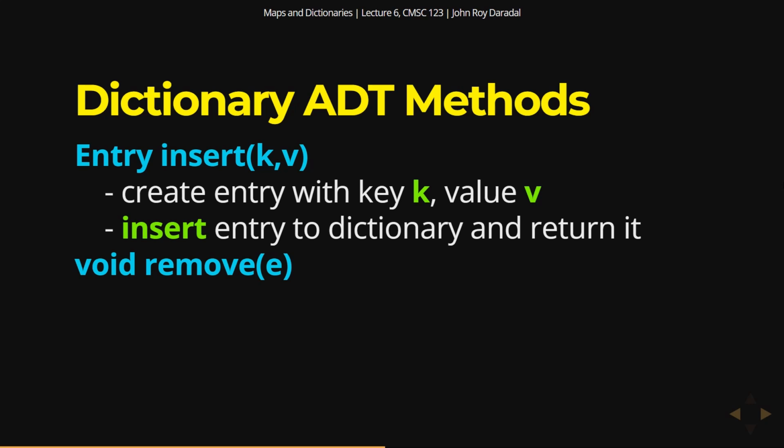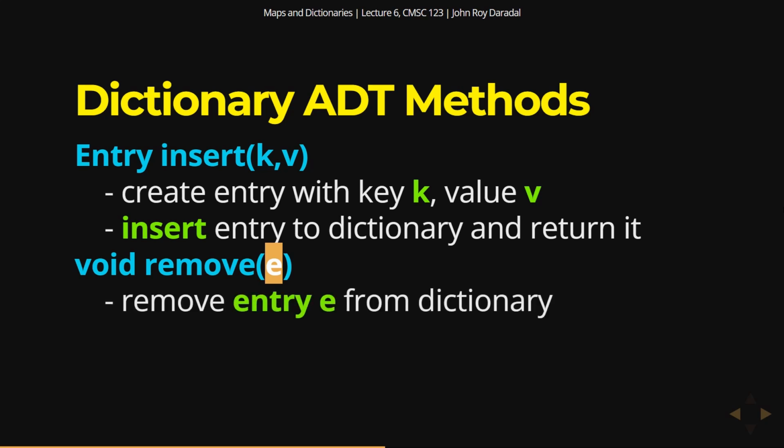Next, you have the remove method, but take note that this one takes in an entry this time, so entry e, not a key. Okay, so you remove the entry e from the dictionary. So compare that with the map's remove method, wherein you need to pass in a key.